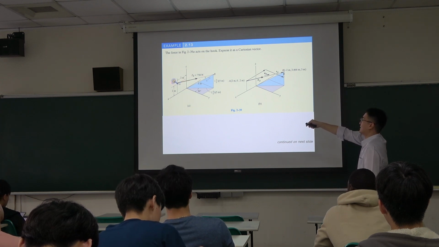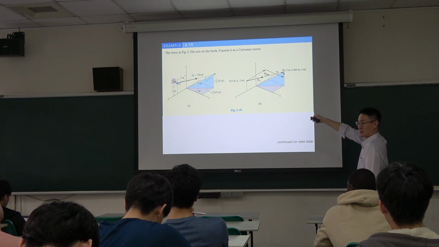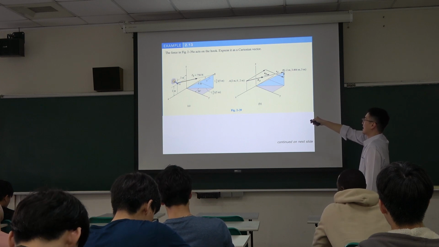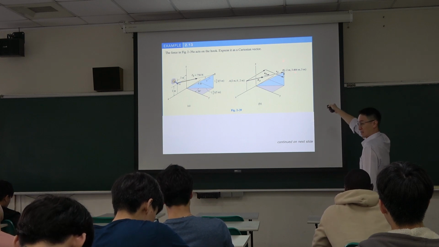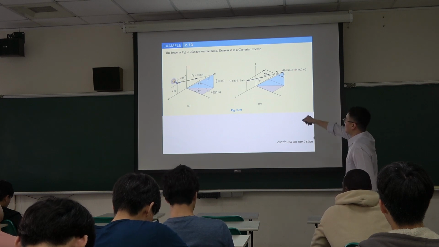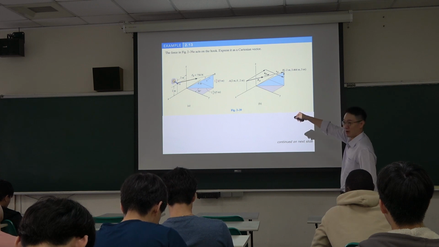So actually, if we know A coordinate here, we also need to work out B coordinate here. How to work out B coordinate? A is relatively simple because we can just observe from here.